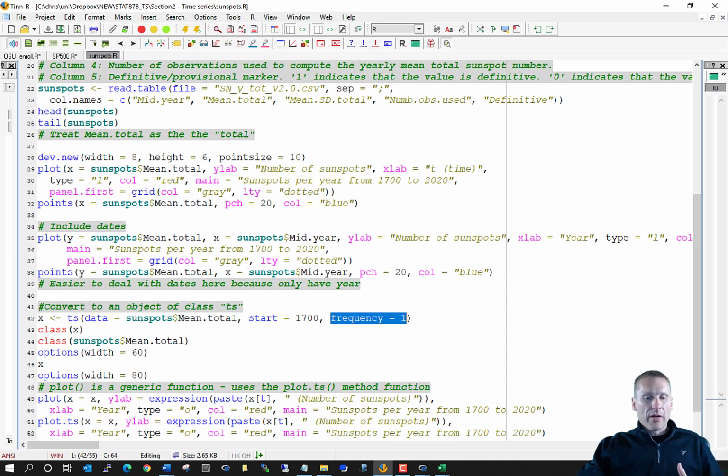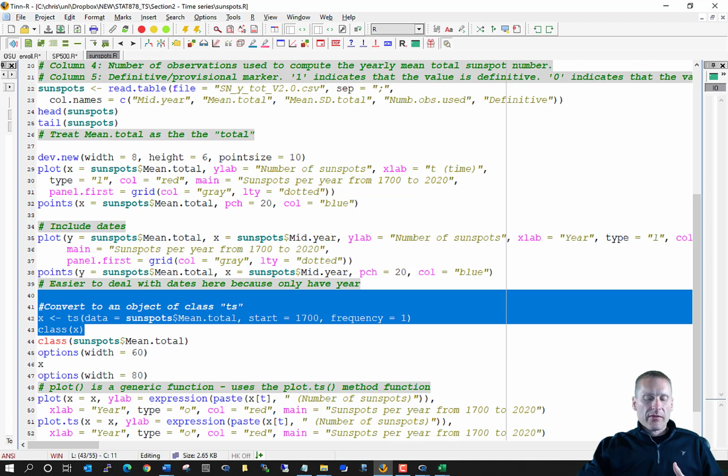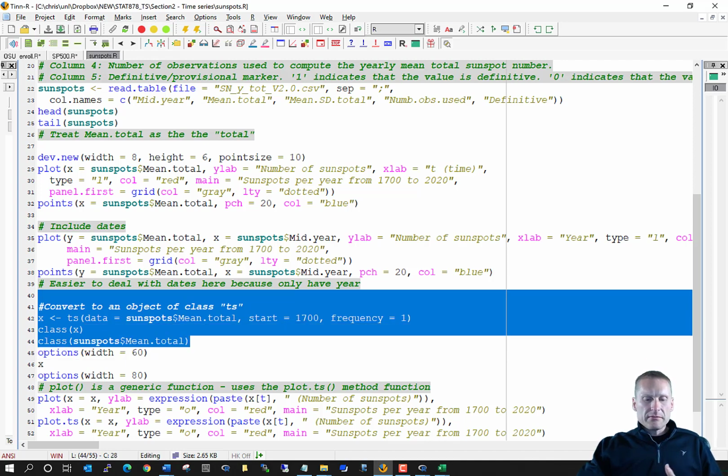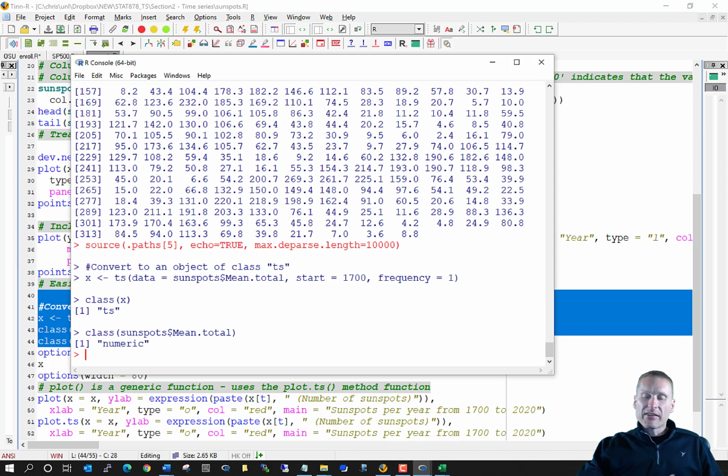was once. So if I put all this into x and do a few different things here, suppose I look at the class of x, I see now it is recognized as a ts format, a time series format, so R now knows that this is time series data. If I then also looked at what it was looking at before in terms of mean.total, before R just recognized this as numbers, a numeric format.